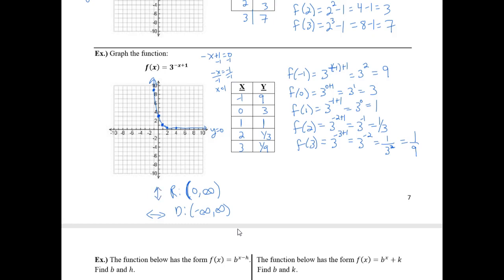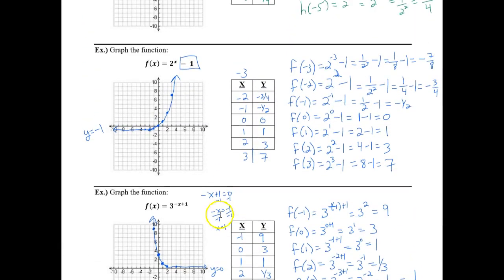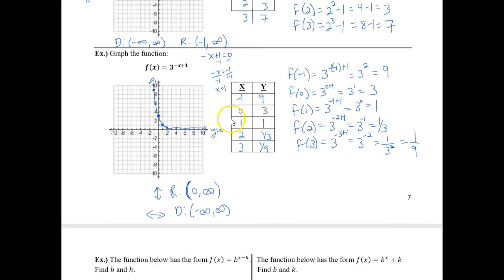Range is how far up and down. Versus this graph, the domain is still everything. It's going to go left and right forever. But the range, it's now going to get close to -1, but never touch it, and go up forever. Alright, so those are some key points for graphing exponential functions.